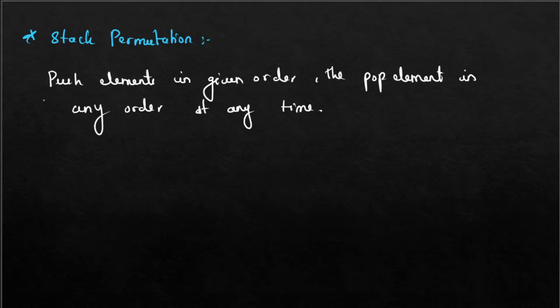So what is the number of stack permutations? If n is there, what does n denote? A, B, C. So here n denotes 3. It depends upon the nodes. Okay, n denotes the number of nodes.